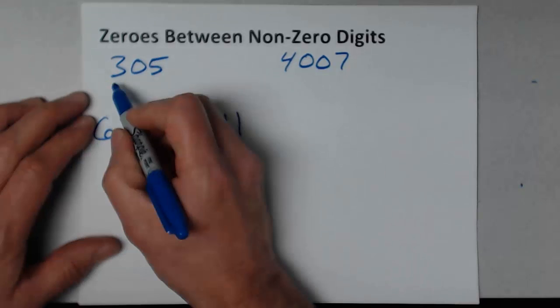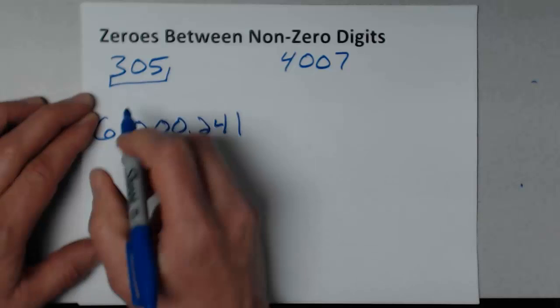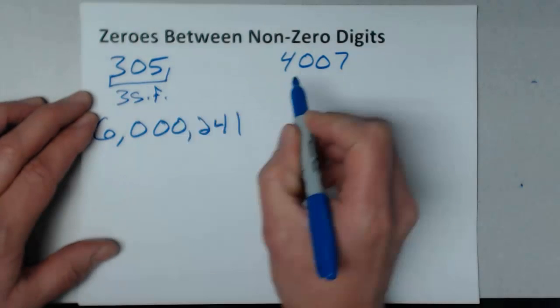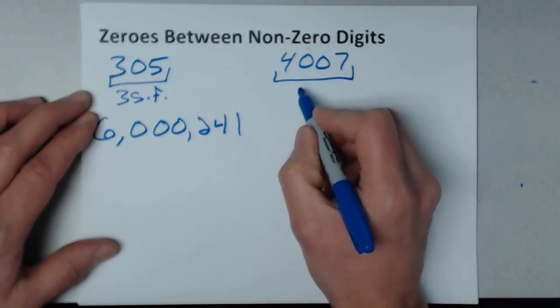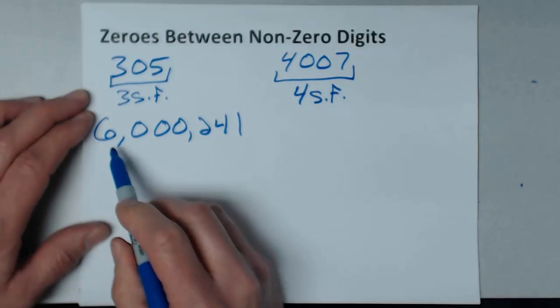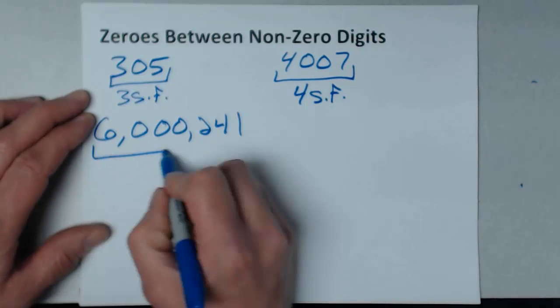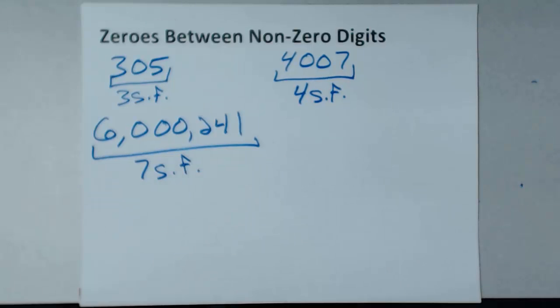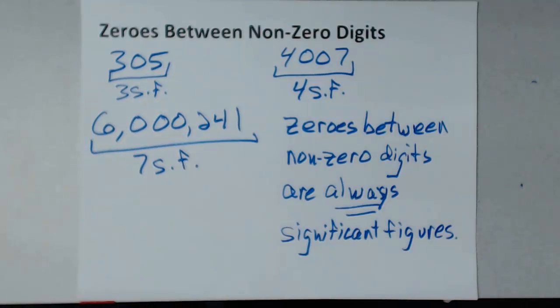So this number has three significant figures. This number has four significant figures. This number has 1, 2, 3, 4, 5, 6, 7 significant figures. Our rule here, zeros between non-zero digits are always significant figures.